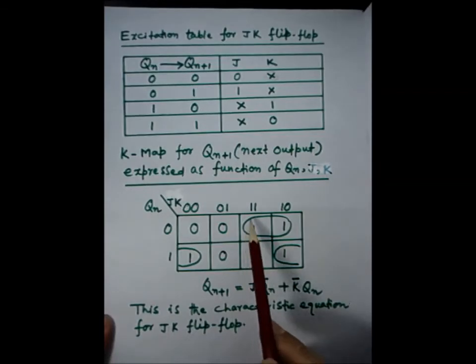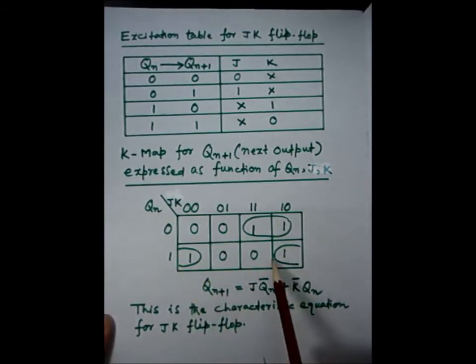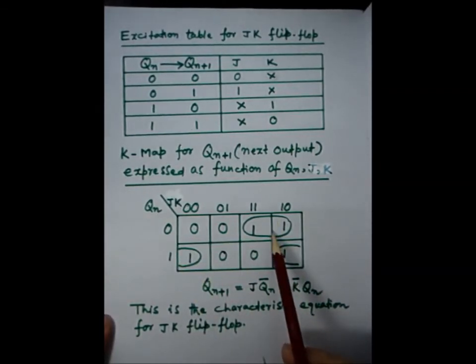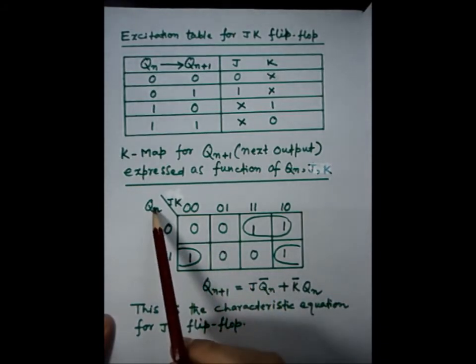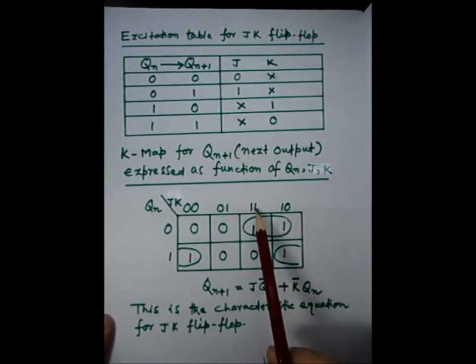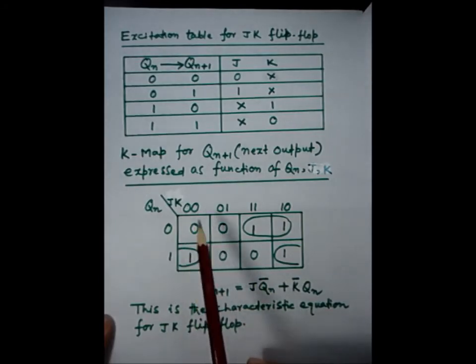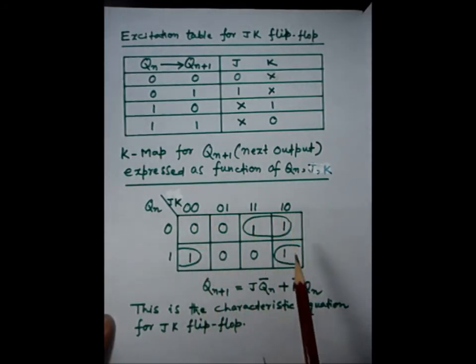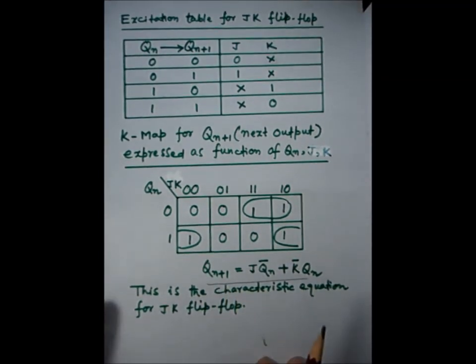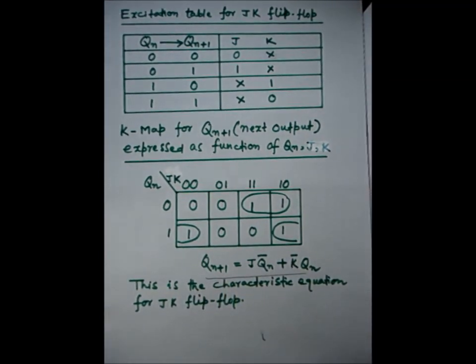This is the group we have made, and this is the other group. For this group, Qn bar into k gets eliminated, and therefore we get j into Qn bar. And for this group, Qn equal to 1, and both give k bar. Therefore, this is the characteristic equation for the JK flip-flop.